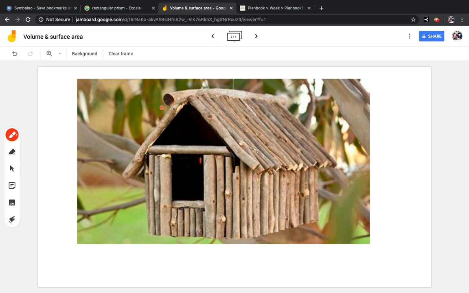Now, here's my birdhouse. I want you to ignore the triangular prism on the top. We're not going to do that equation this year. That'll be next year. So, let's find our rectangular prism out of this shape, best that I can draw. Okay.